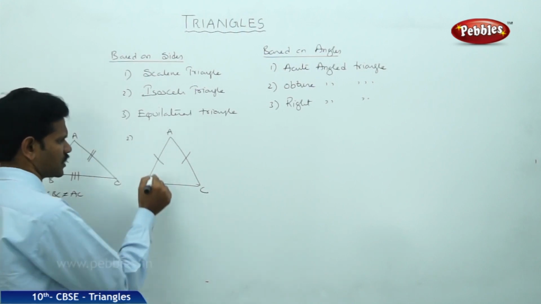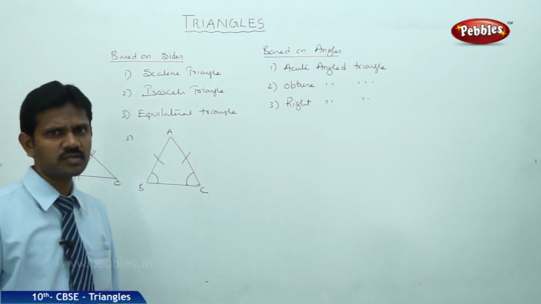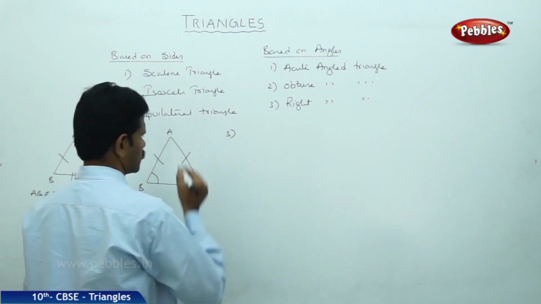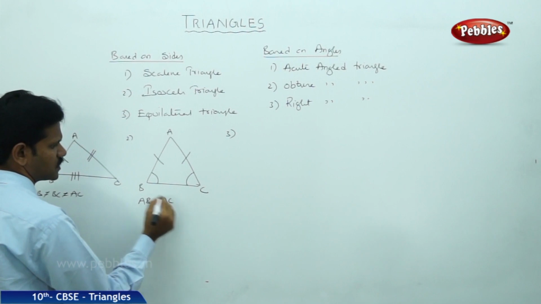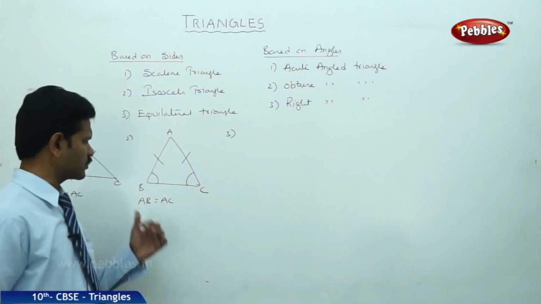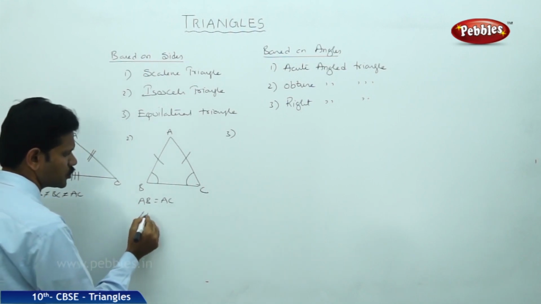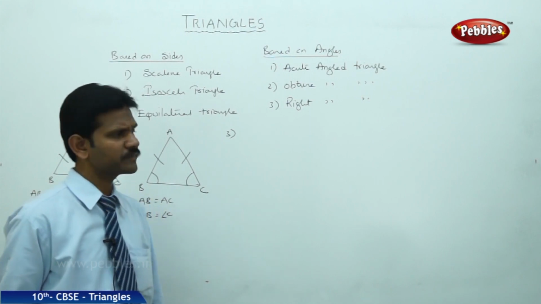In an isosceles triangle, the angles opposite to equal sides are also equal. In this case, we conclude that AB is equal to AC, and from these two, the common part is A. If you remove that one, the rest are the positions of the angles. Angle B is equal to angle C.